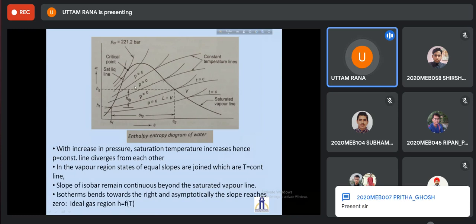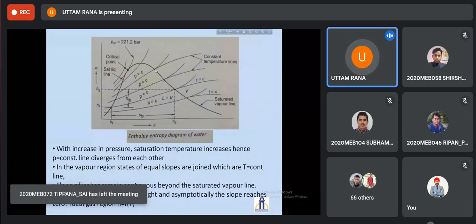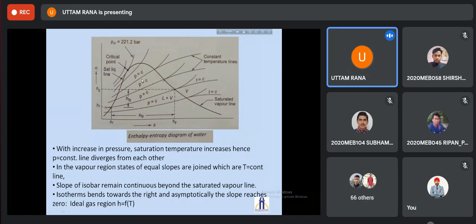And you can see the constant temperature lines are also shown here. The constant temperature lines diverge after the saturated vapor line. Before the saturated vapor line, the constant temperature lines and constant pressure lines merge. They are parallel to each other. Why are they parallel to each other? Because at this point, pressure and temperature are no longer independent properties.